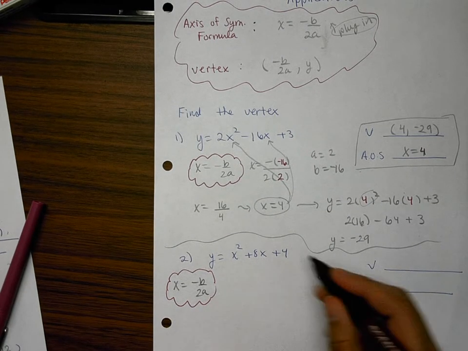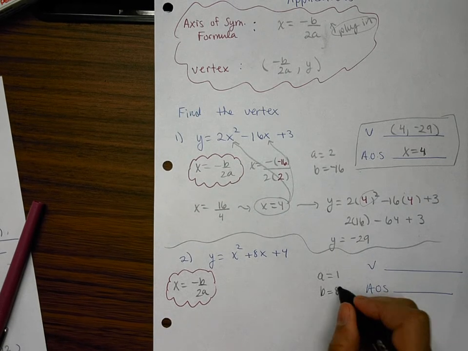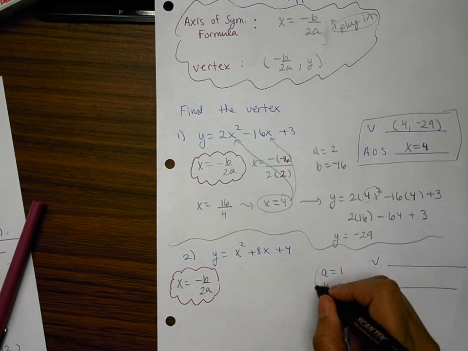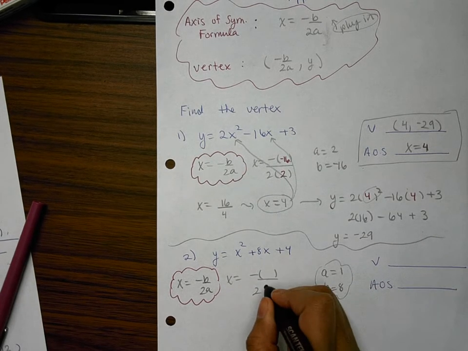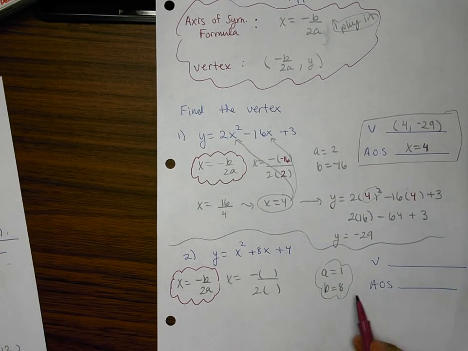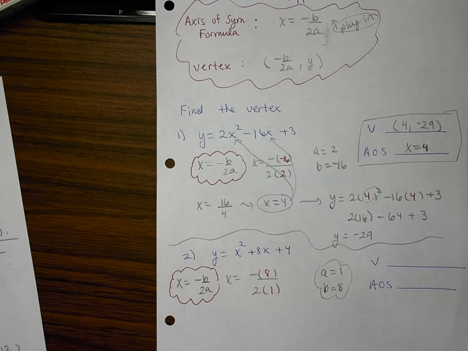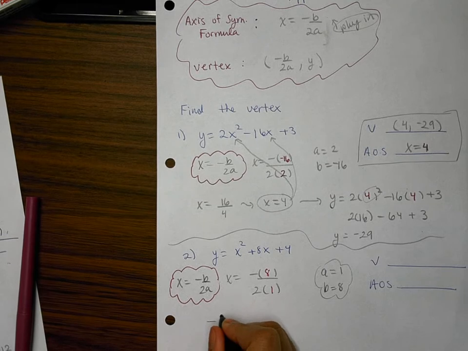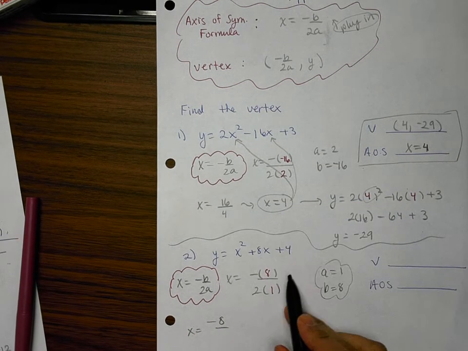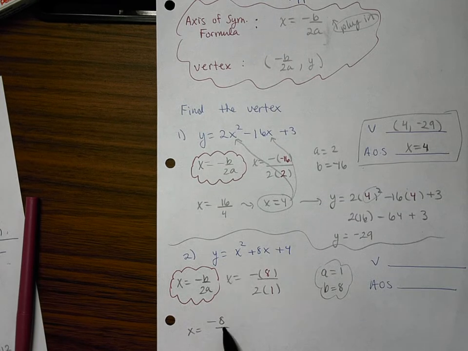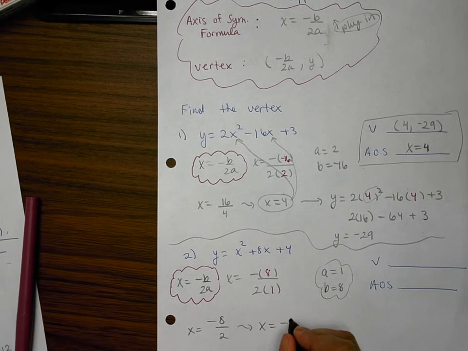A is 1, the leading coefficient. B is my number in front of the x. C is my constant at the end. I don't need it, so I'm not going to write it. X equals opposite of b over 2 times a. Opposite of b is 8 over 2 times a. A is 1. Opposite of 8 is negative 8. Earlier, I had a negative and it made it positive. This time it's just a negative with a positive, so it's going to stay negative over 2. X equals negative 4.